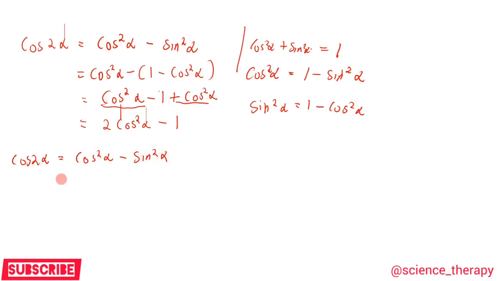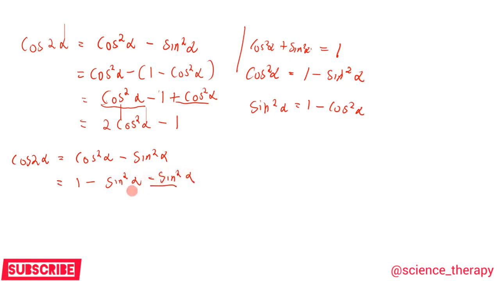But this time, because I'm looking to express this in terms of sine, I will have to change this cos into this trig identity here. So cos squared alpha, I know that it is equal to 1 minus sine squared alpha, then minus this sine squared alpha.